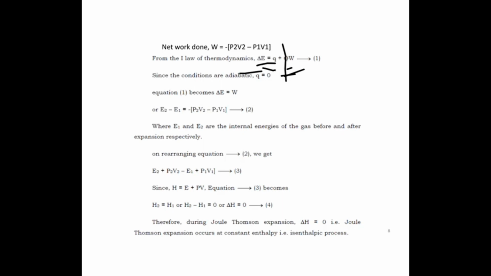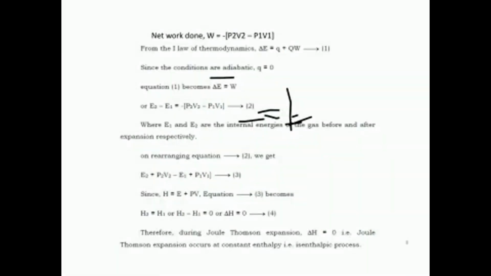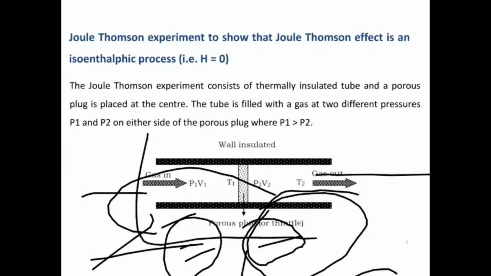So in the next step, since the condition is adiabatic, Q is equal to 0. Adiabatic means there is no transfer of heat to surroundings, so Q will be 0. Surroundings is nothing else; this is a system.